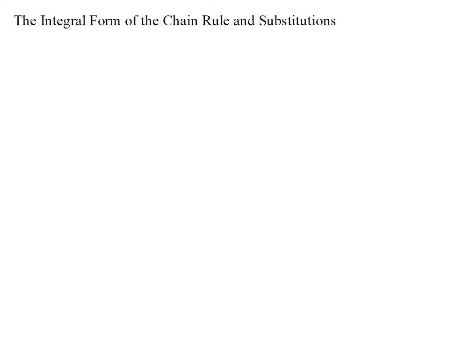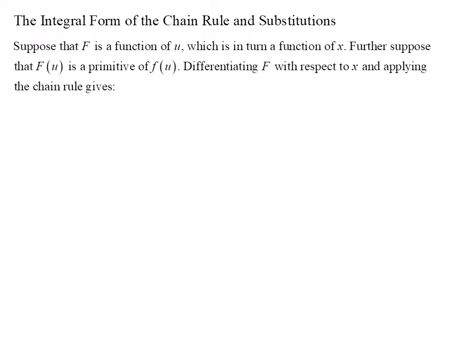Now we're going to talk a little bit about the chain rule and substitutions. Since we are already familiar with the differentiation form of the chain rule, we are now introducing its integral form. Suppose that f is a function of u, which is in turn a function of x. Here the capital F(u) is a primitive function of f(u).